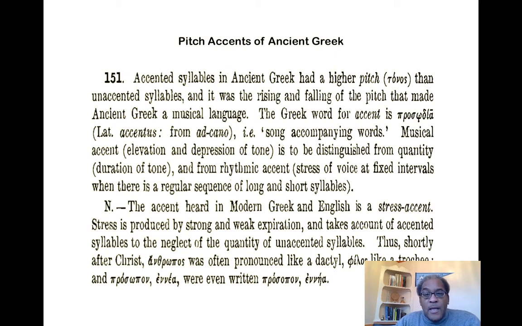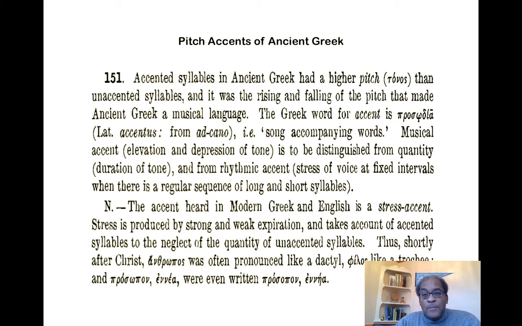Musical accent, elevation and depression of tone, is to be distinguished from quantity, duration of tone, and from rhythmic accent, stress of voice at fixed intervals when there is a regular sequence of long and short syllables. The accent heard in modern Greek and English is a stress accent.